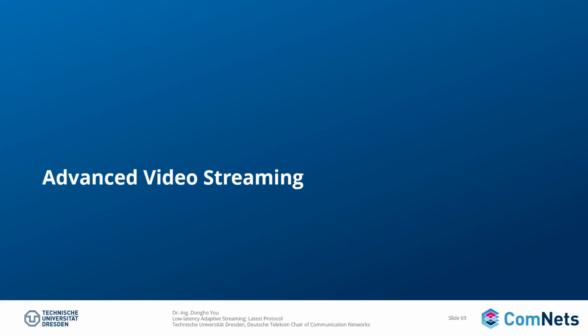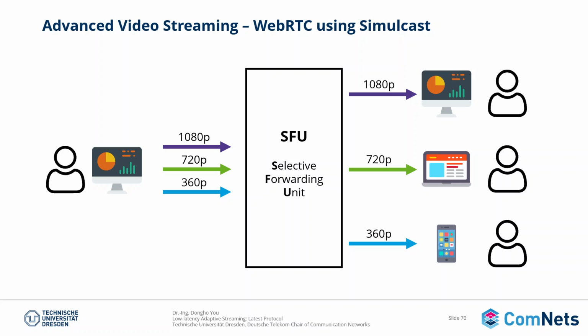So now finally, let me explain advanced video streaming. First, as I mentioned before, WebRTC does not support adaptive bit rate streaming, right? This means that the end clients receive a fixed quality video stream.